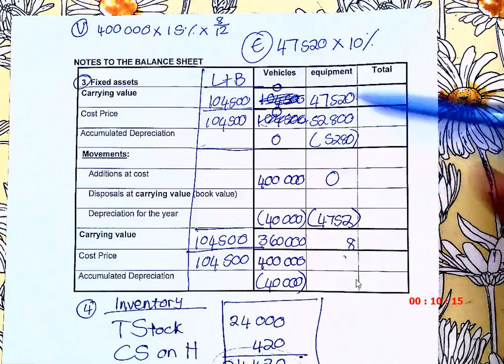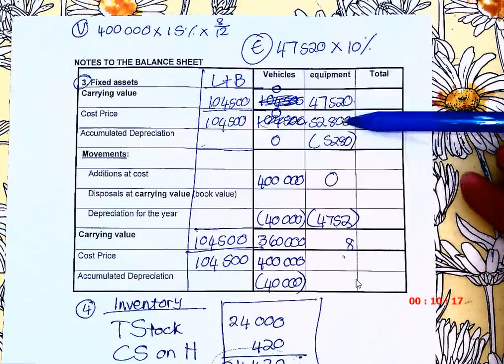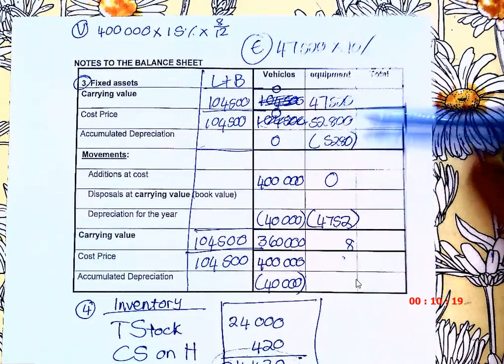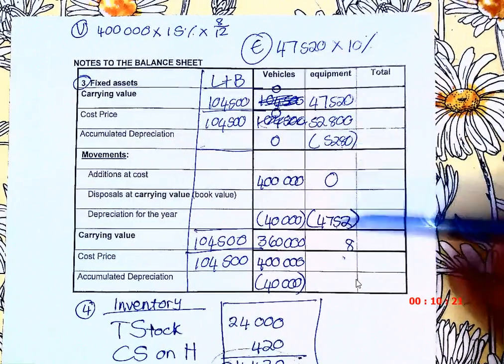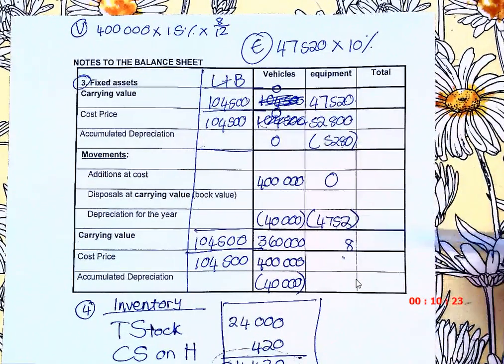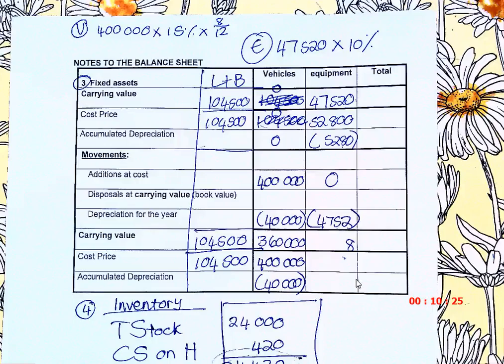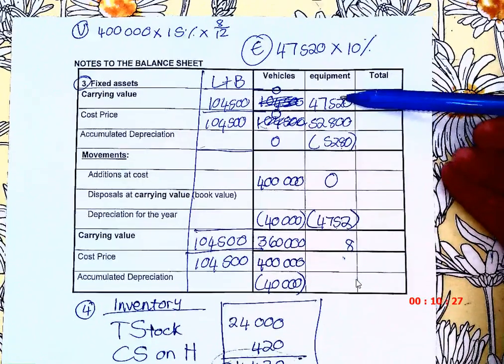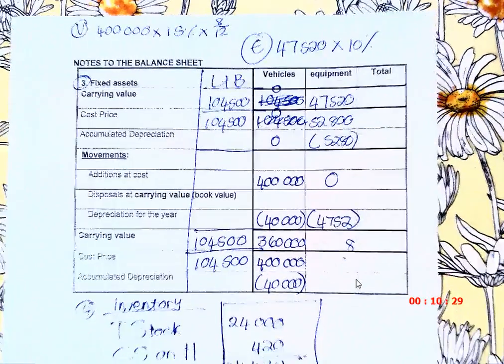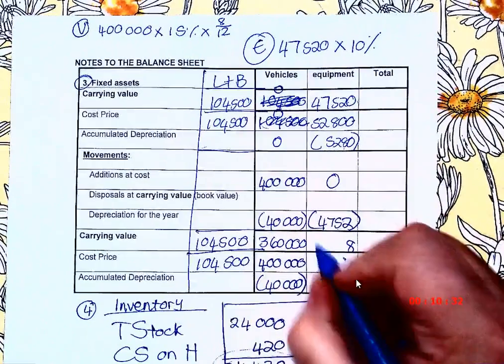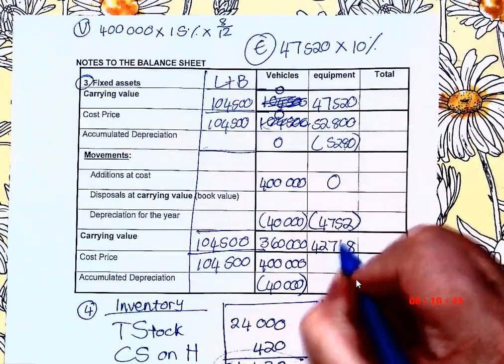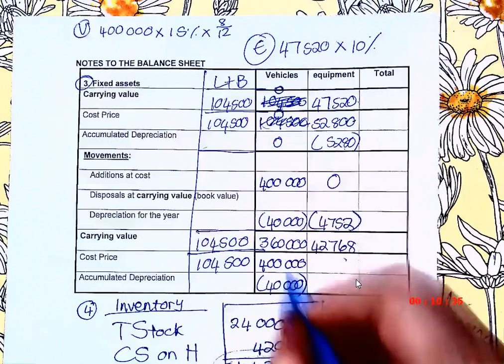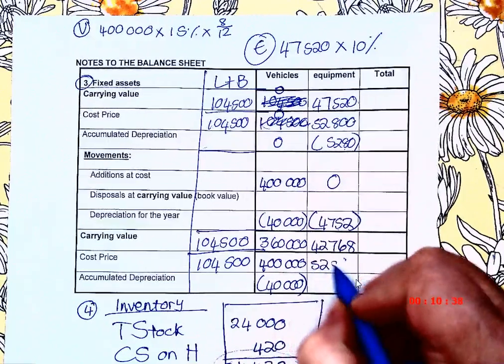If I take that 52,800, the cost, I less the 5.2 and I less the 4.7, I will get exactly the same answer as when I take the 47 less the 4.7: 42,768. It is still 52,800.